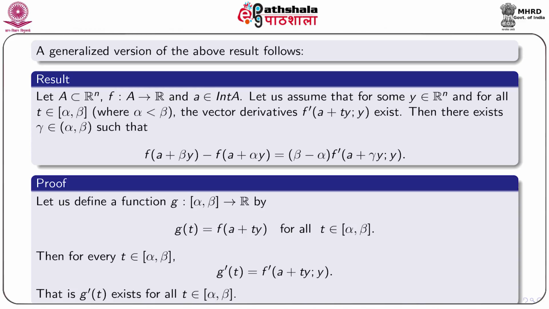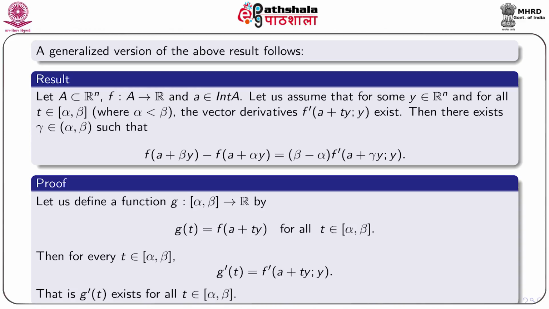Today we shall give a generalized version of this result. Let A be a subset of Rn, f is a scalar field defined on the set A and a is an interior point of the set A. We assume that for some vector y in Rn and for each t belonging to the bounded closed interval alpha beta, the vector derivatives f dash a plus ty y exist.